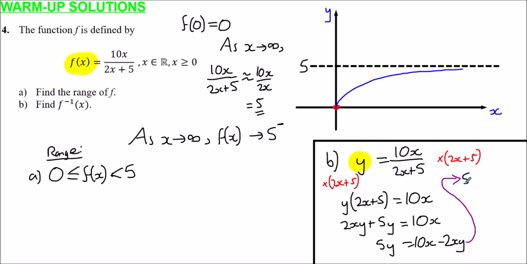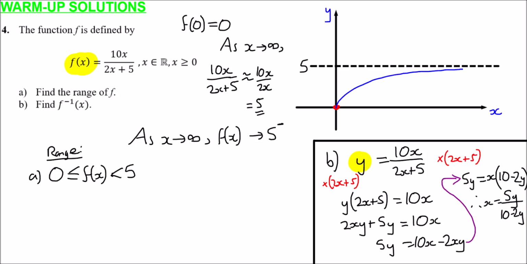So we have 5y equals x, 10 minus 2y. So therefore we'd have that x equals 5y over 10 minus 2y.